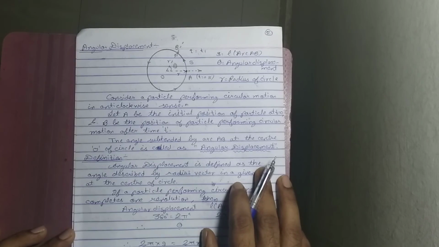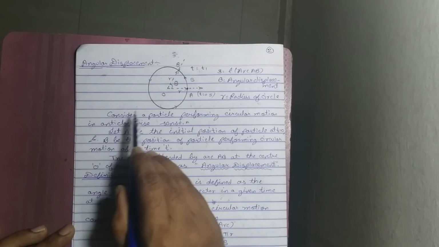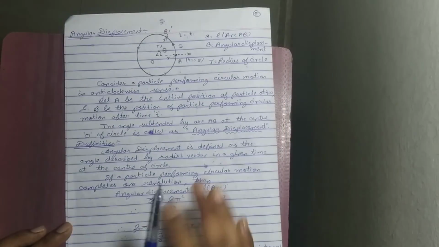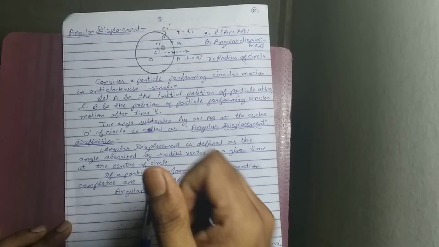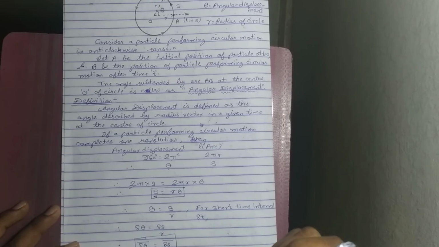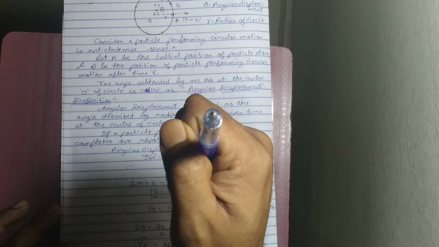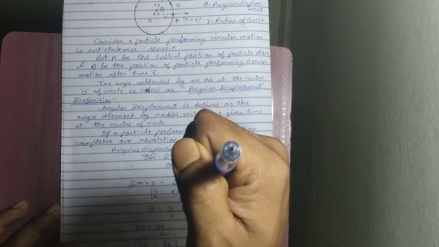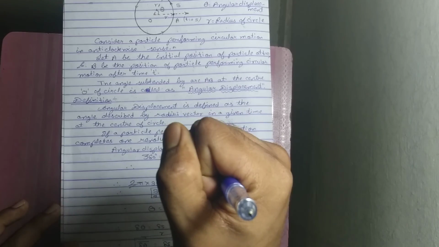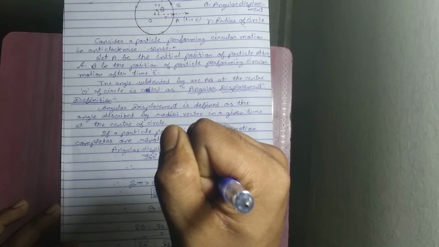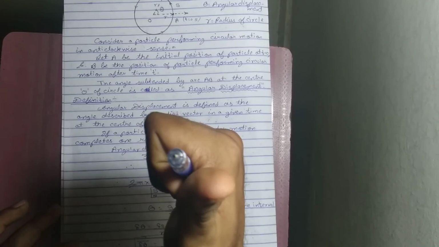What is the direction of angular displacement? Students, the direction of angular displacement is given by the right hand rule. What does the right hand rule state? It states that imagine an axis of rotation to be held in a right hand with the fingers curled around it and the thumb outstretched.